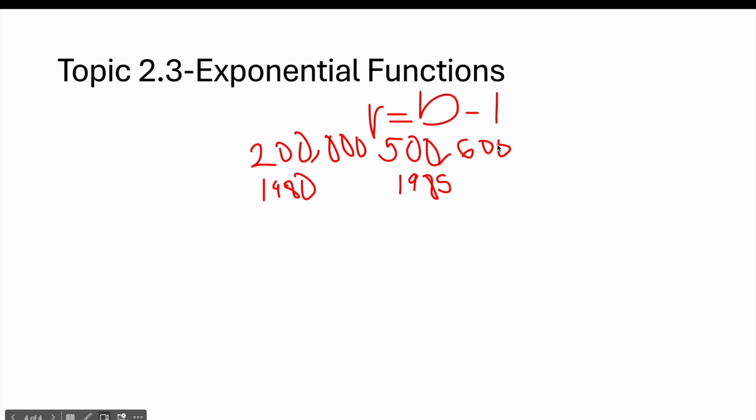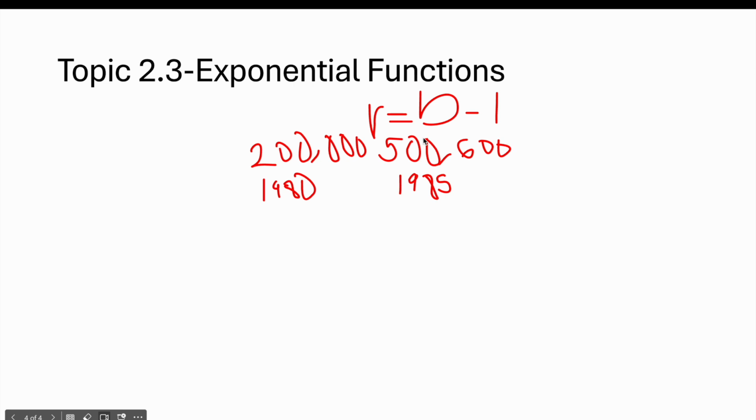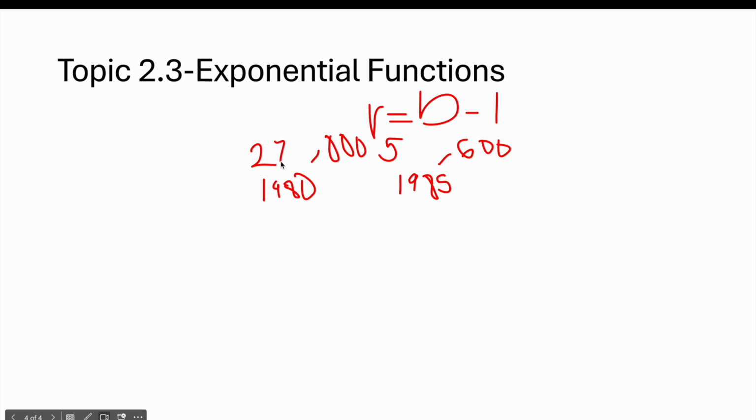Well, let's make it a little more difficult, shall we? I will get rid of this even number thing, these two, that they're too easy now. So 273,000 in 1980. The split line is to indicate that this is separate and this is separate.